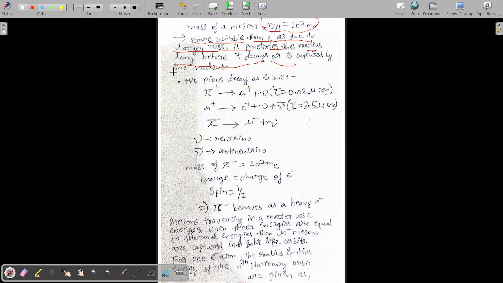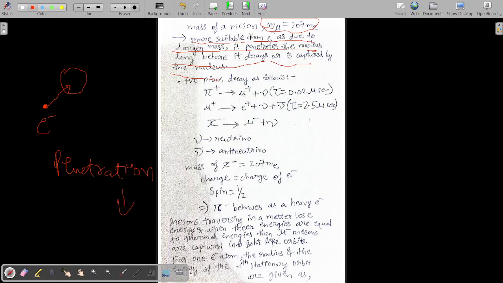If this is the nucleus, and I bombard such a tiny particle like an electron, it won't go much inside the nucleus because it has less mass. So it has less momentum, and penetration for an electron will be low.